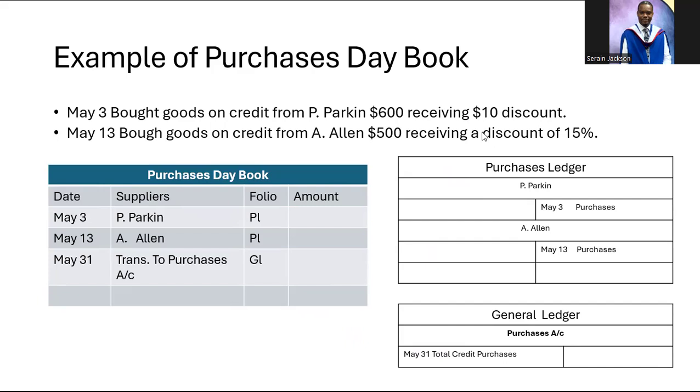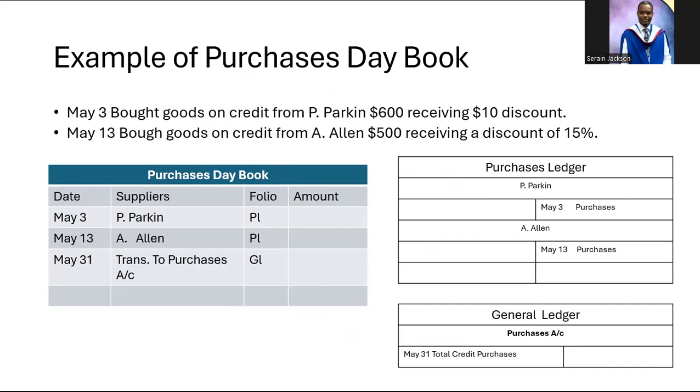The trade discount normally takes place between traders. You are a trader in this case because you are buying on credit, normally in larger quantities. The important thing to remember about a trade discount is that it is not recorded in the books. So when you look at this information, it says receive $10 discount.